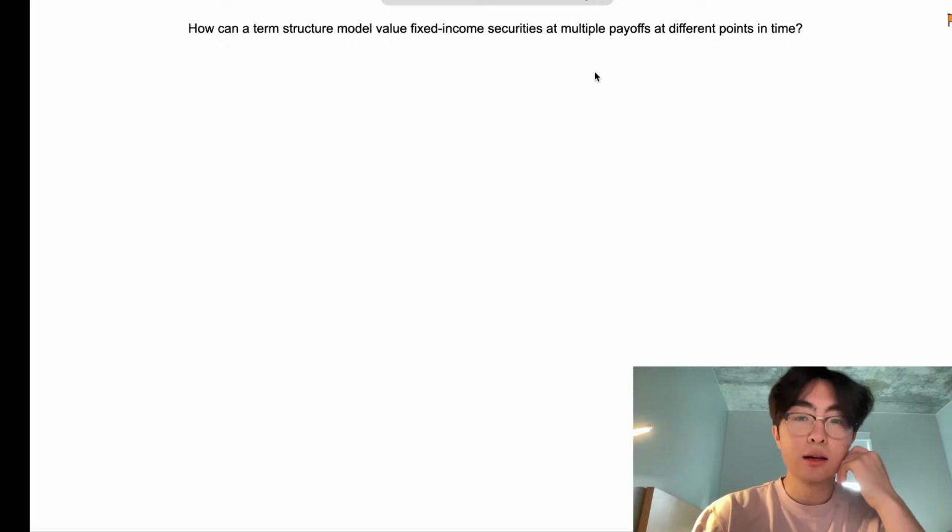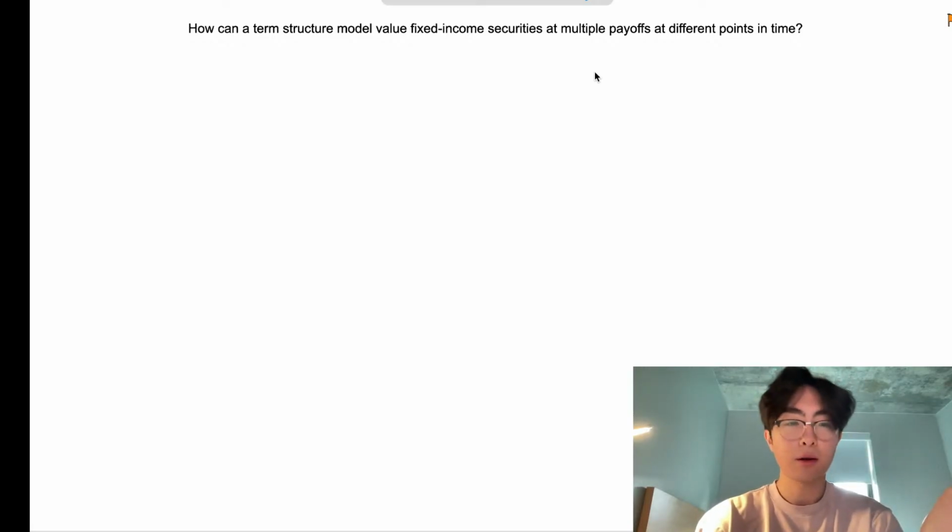Okay. How can a term structure model value fixed income securities at multiple payoffs at different points in time? So remember again, a term structure model is just another word for a yield curve or term structure of interest rates.